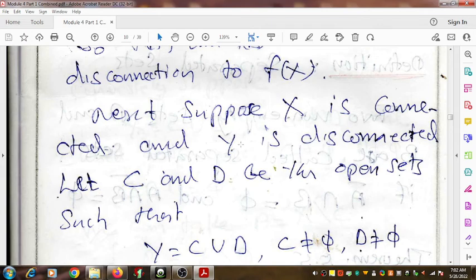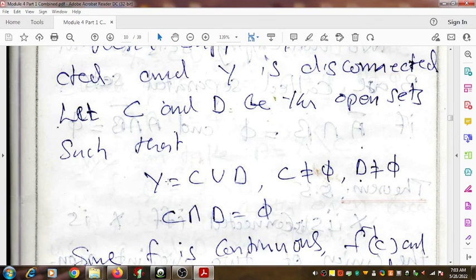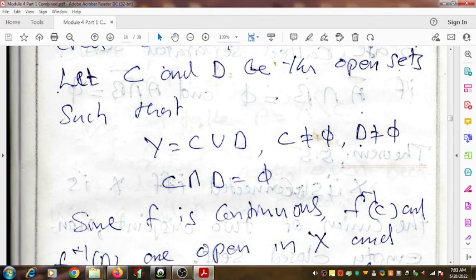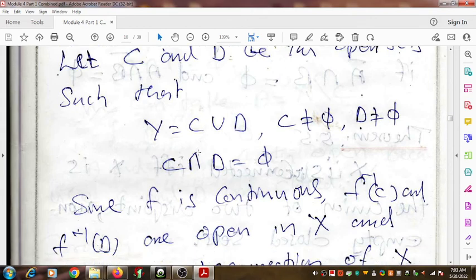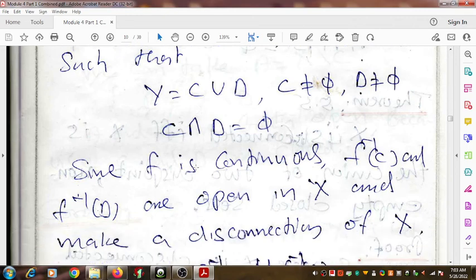Then naturally we can choose two open sets C and D such that Y equals C union D, C is not the empty set, D is not the empty set, and C intersection D is the empty set.